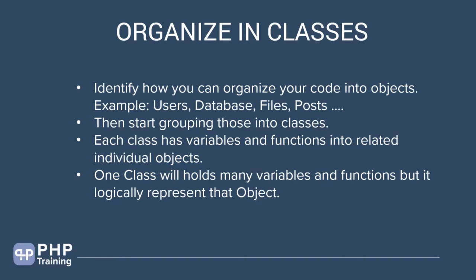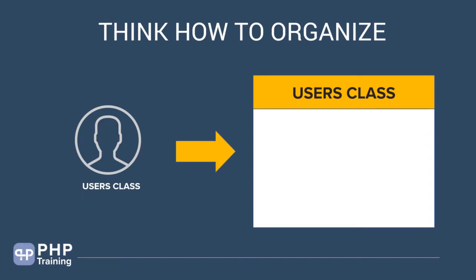Okay, let's look at one more example of how to define a class. So think how to organize. If you're doing a users class, take a second and think, how are you going to organize your variables and functions, and what are the variables that you need for a users class? Think for a second. Okay, so for the variables, you have name and age that are specific to that user.